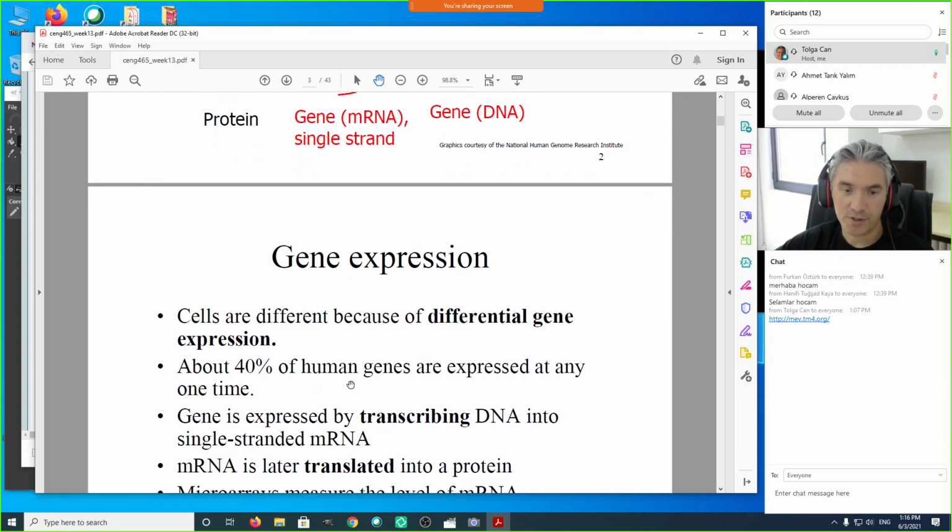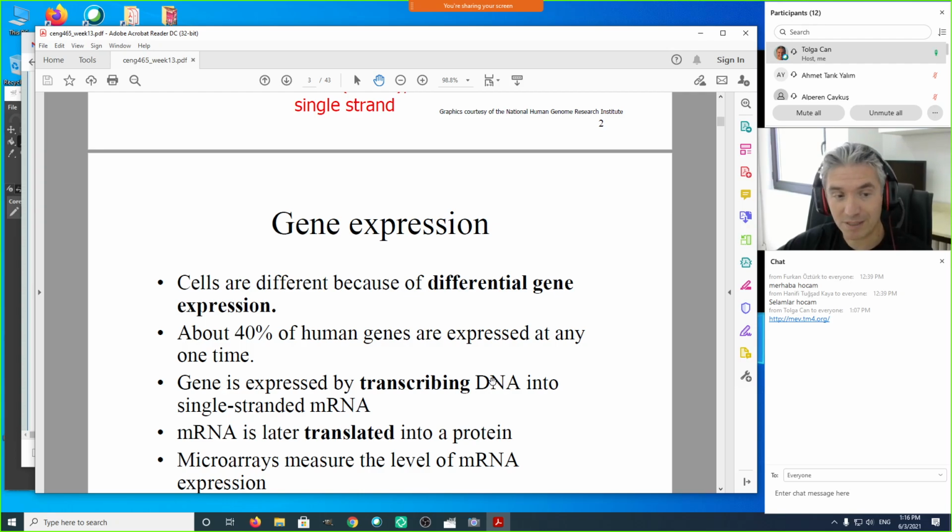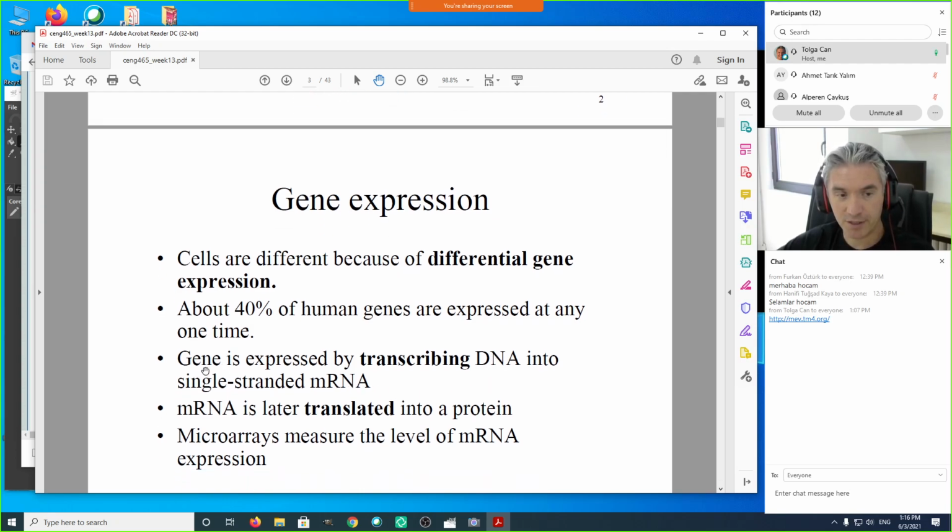About 40% of human genes are expressed at any time in a normal cell. Genes are expressed by transcribing DNA into a single-stranded messenger RNA. This messenger RNA is therefore named the transcript. Then by the ribosome, this messenger RNA is translated into a protein.